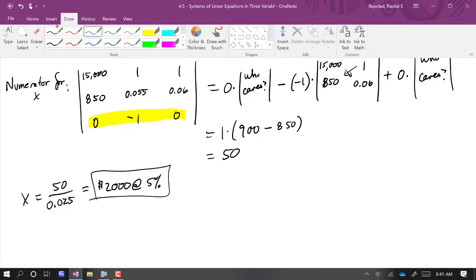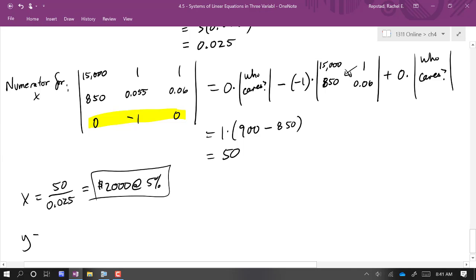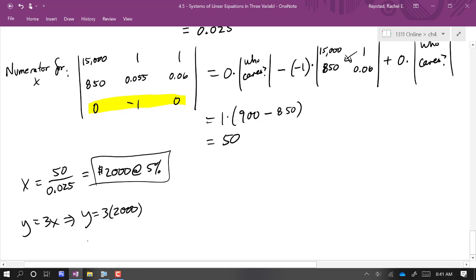So there's how we can get y. So that's $6,000 invested at 5.5%.